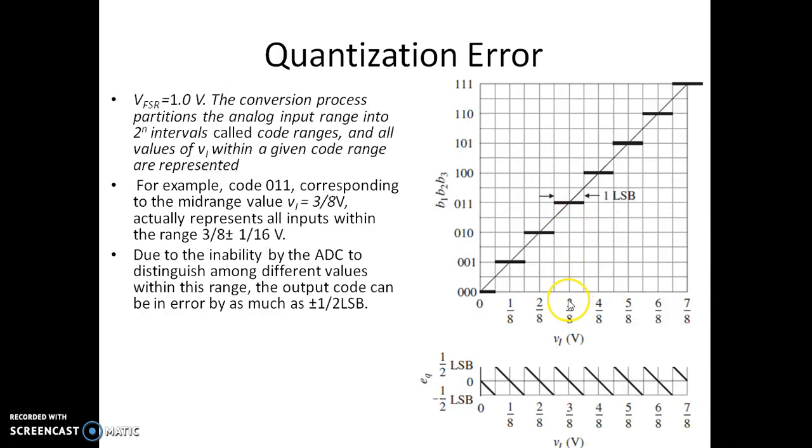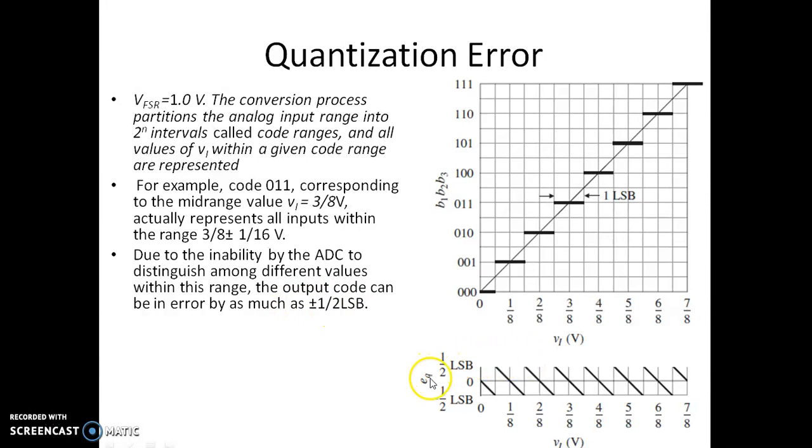When you want to represent 3 by 8 minus 1 by 16, the representation would have been slightly less than 011. Since we don't have any code in between 011 and 010, we will be making an error of minus half LSB at exactly 3 by 8 minus 1 by 16. So due to the inability of the ADC to distinguish among different values within this range, the output code can be in error by as much as plus or minus half LSB.